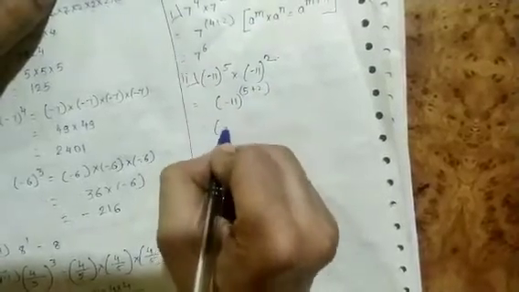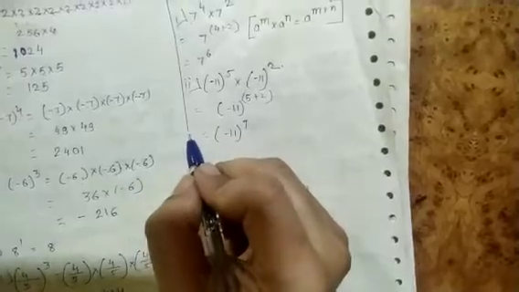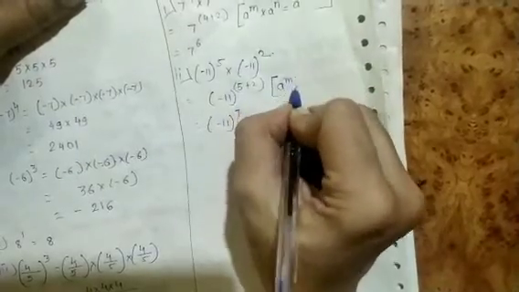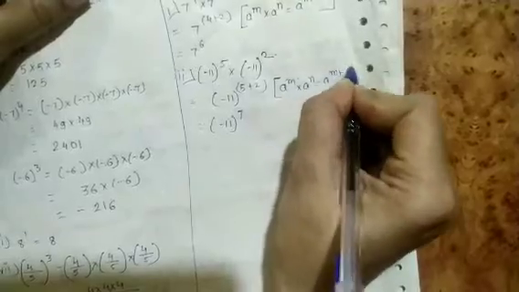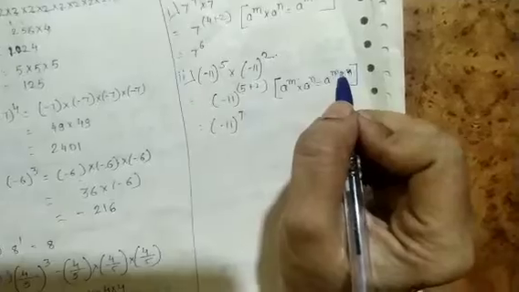Then what will come, that is minus 11 raised to 7. Every time you have to write the formula. Then only you will learn the formula. When you write it many times, then only you will remember.